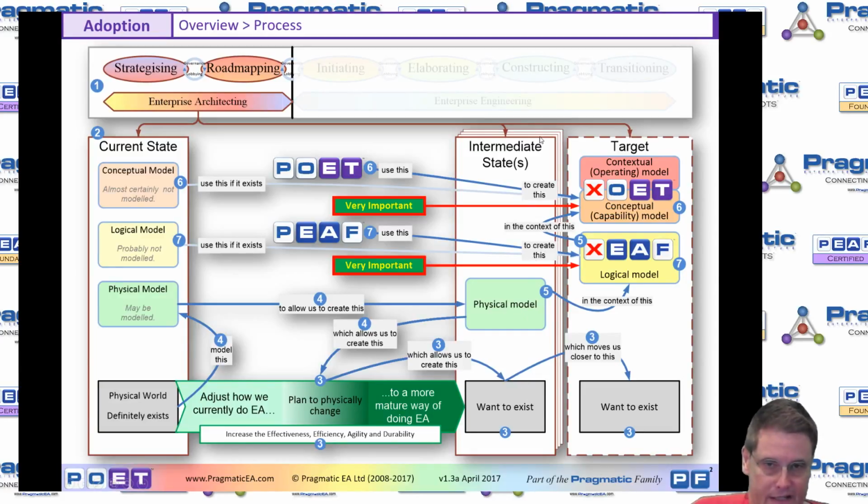As I said, these are intermediate states, and it may be that you do one thing this year. Maybe you adopt the concept of enterprise debt and you change the way you're doing governance and lobbying. Maybe next year you buy an EA modeling tool. Maybe the year after that you change how you're doing strategizing.